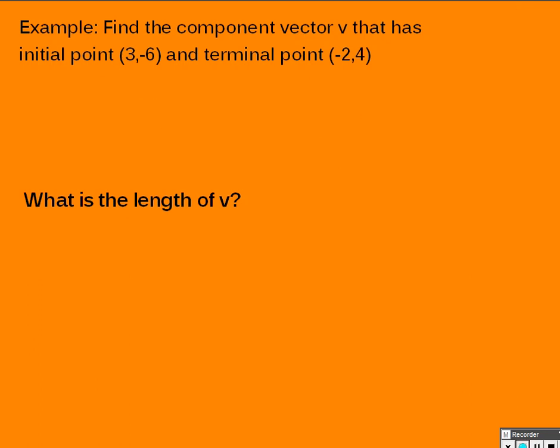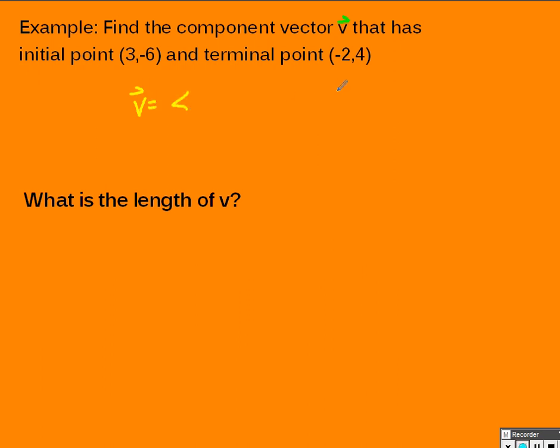Okay, so here's an example. To find the component form of a vector v, that should have our line over it, that has an initial point of 3, -6, and a terminal point of -2, 4. What we're going to do is find the vector.